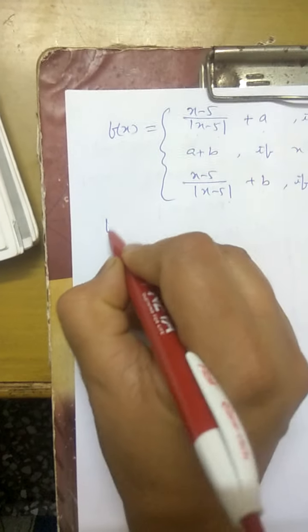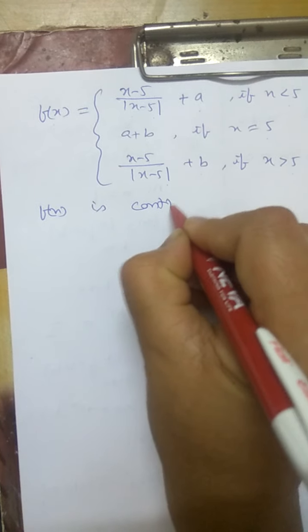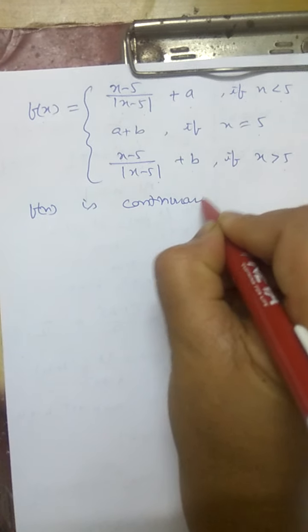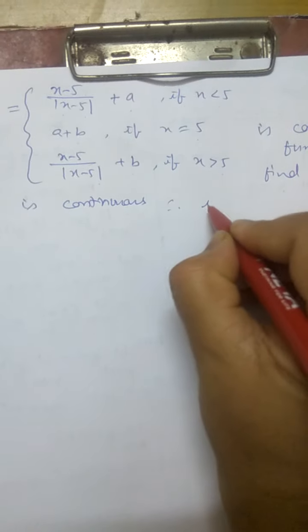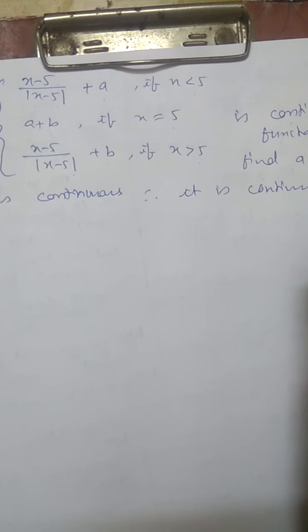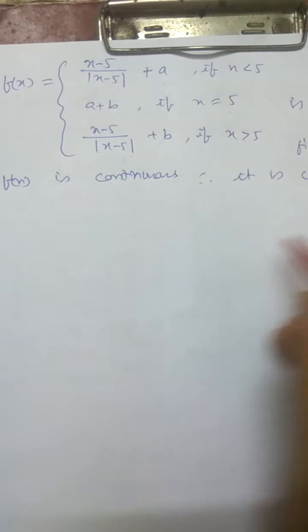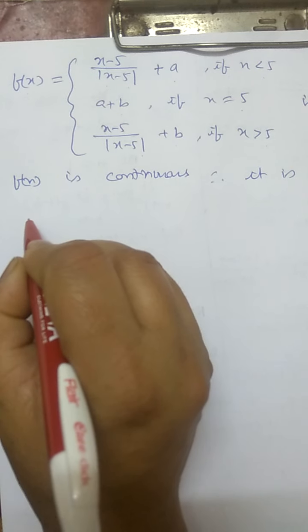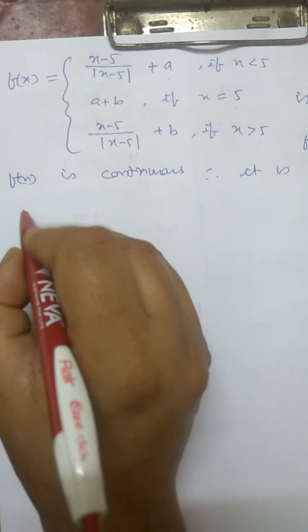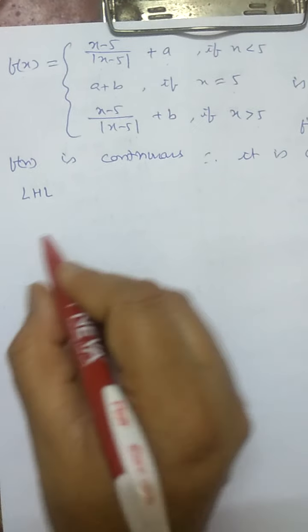That means here this function f(x) is continuous. It means it is continuous at x is equal to 5, and therefore we have to find the left hand limit, right hand limit, and value of the function.